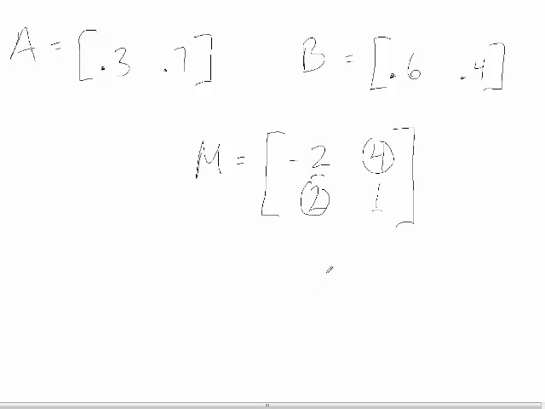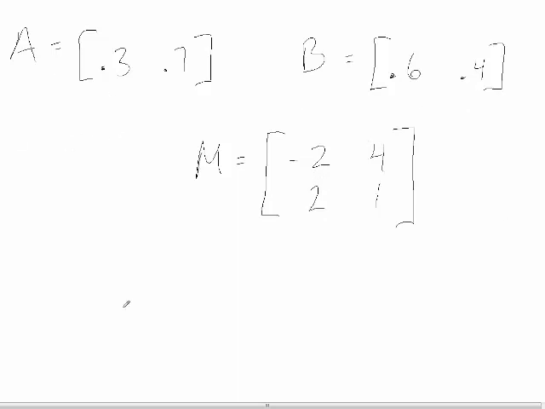So this isn't a strictly determined game, and players A and B will use different strategies. A will play strategy 1 30% of the time and strategy 2 70% of the time. Player B will choose strategy 1 60% of the time and strategy 2 40% of the time. What would be the expected value of this game?